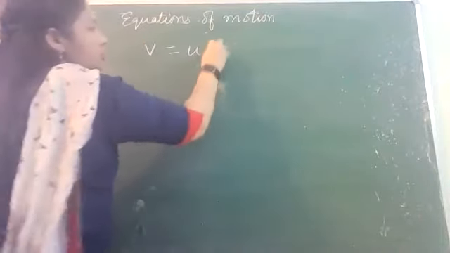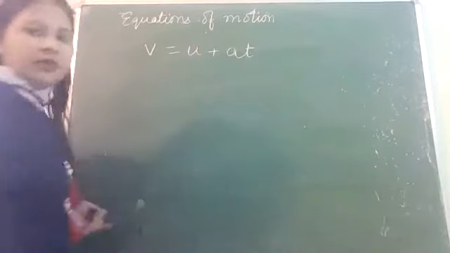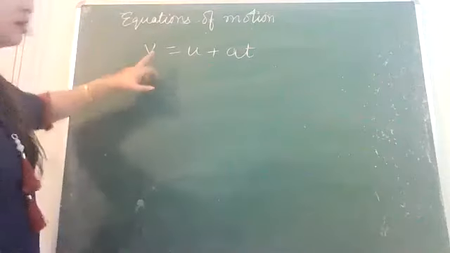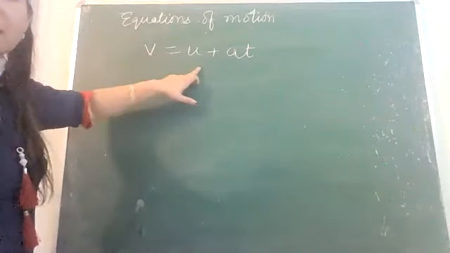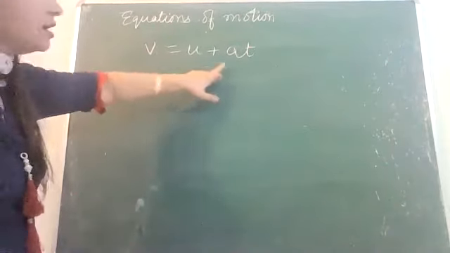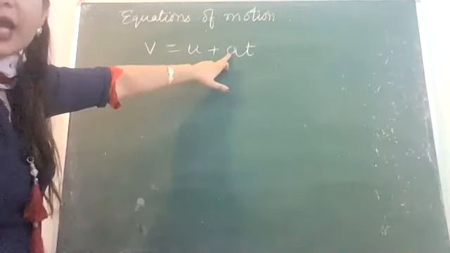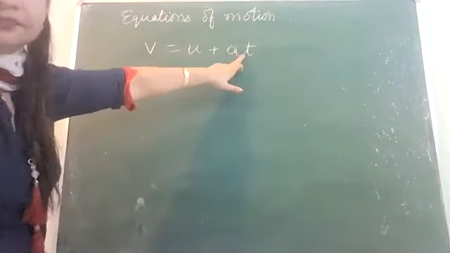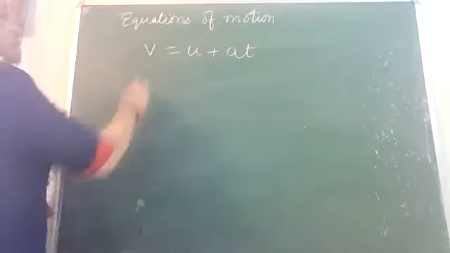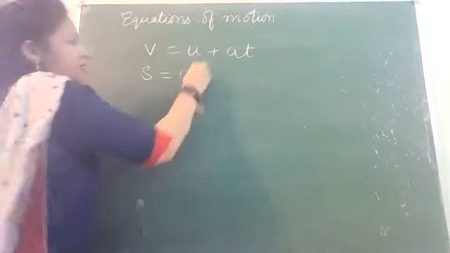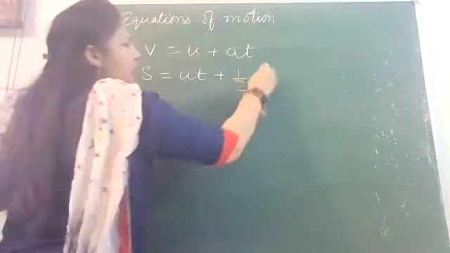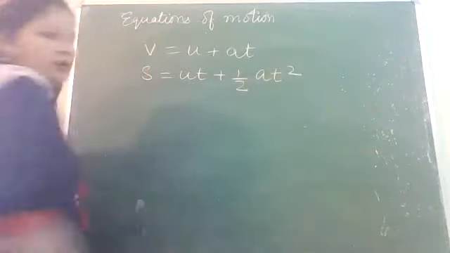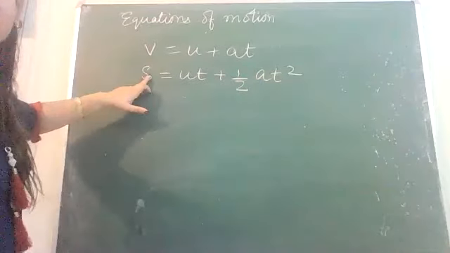Equations of motion are three. v equal to u plus at, where symbols have usual meanings. v is final velocity, u is initial velocity, a is acceleration, and t is time. Second equation is s equal to ut plus half at square, where s is displacement.